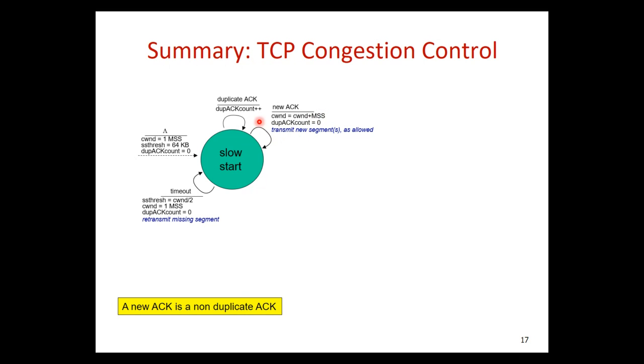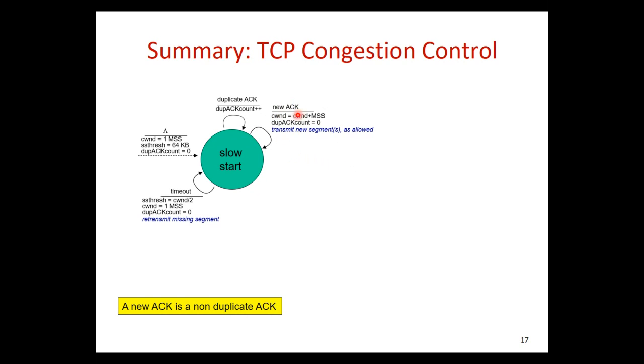The duplicate ACK counter counts consecutive duplicate ACKs, so if a new ACK is received, which is by definition a non-duplicate ACK, the counter should be reset to 0.